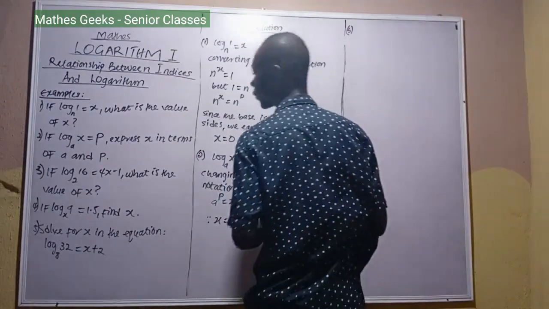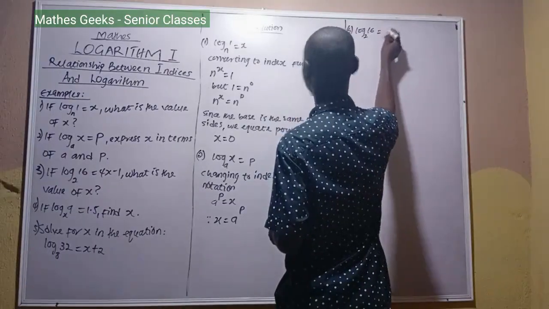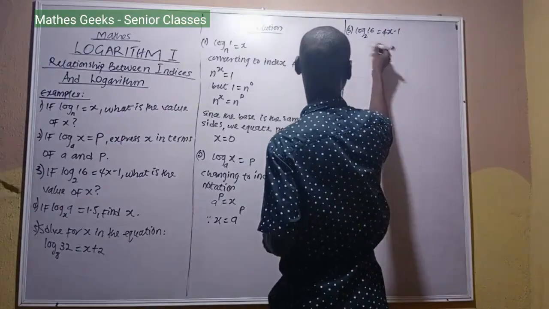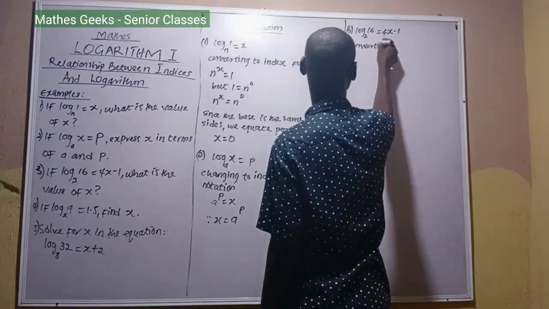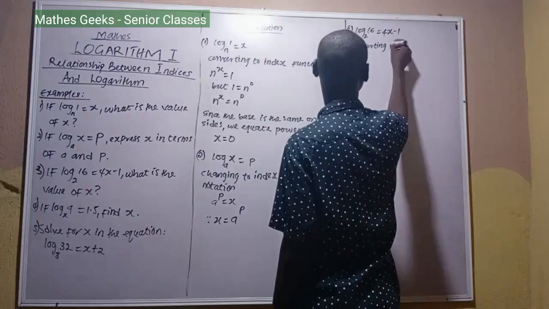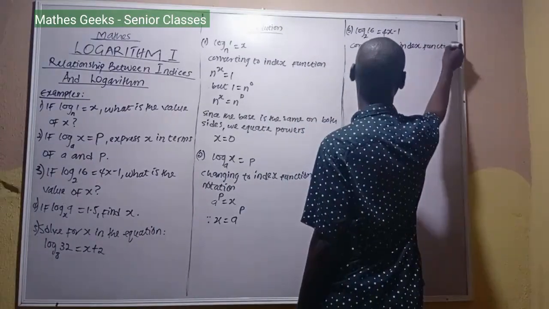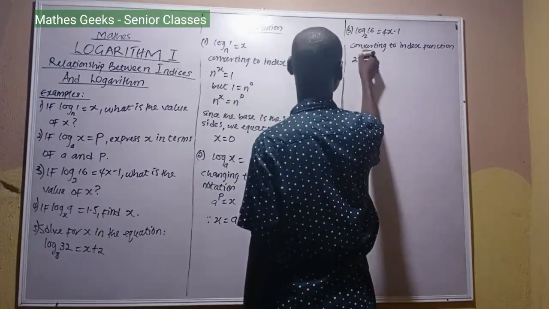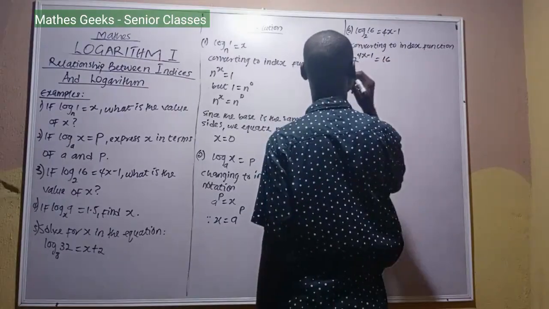Number 3. If log 16 to the base 2 is equal to 4x minus 1, converting to index function, this will give us 2 raised to 4x minus 1 is equal to 16.